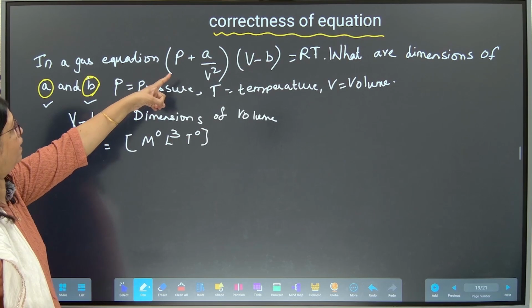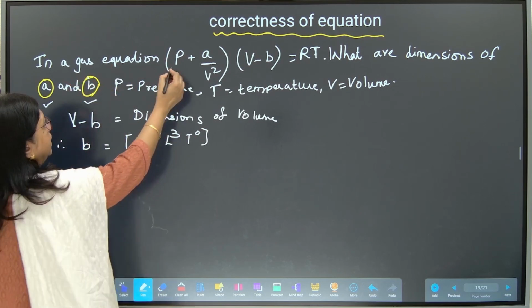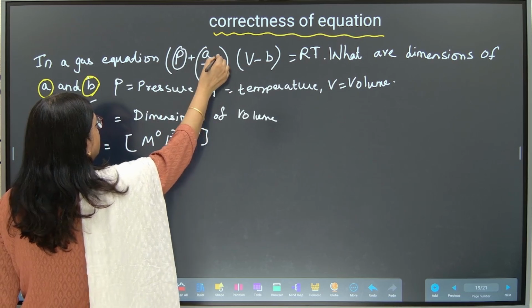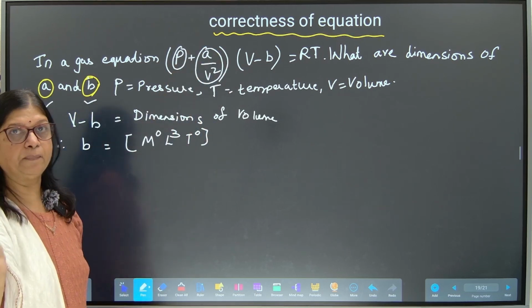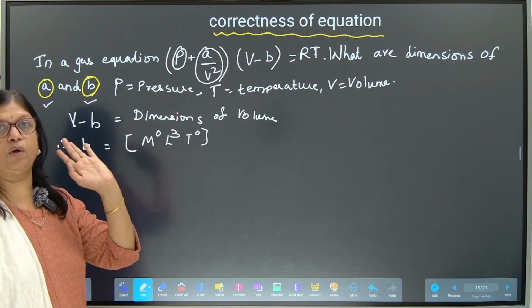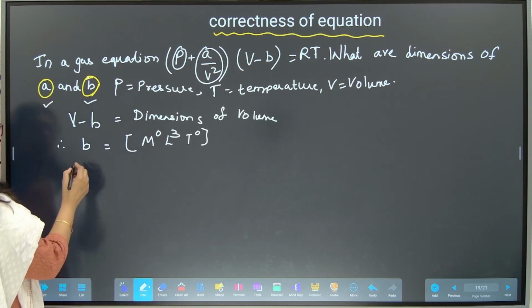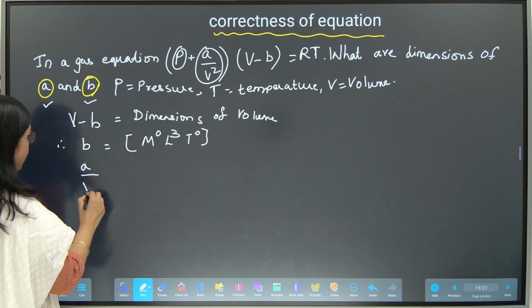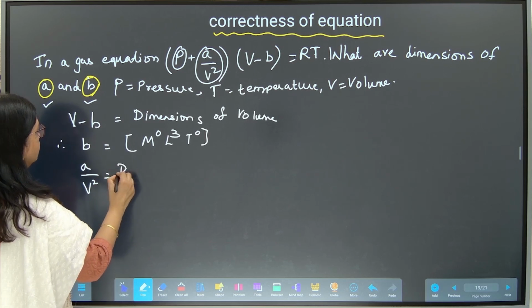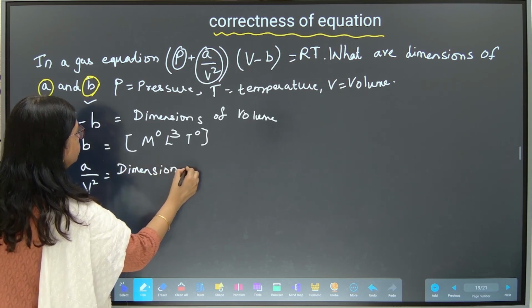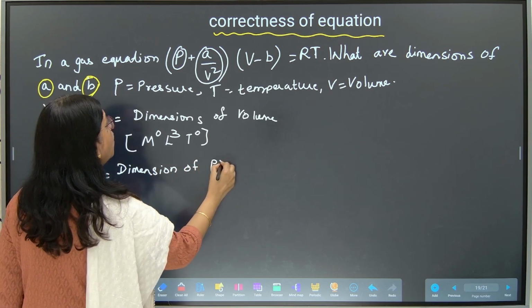Now, let us try the dimension of A. If P is the pressure, then A upon V square also should be pressure, because we can add only the same physical quantities according to the principle of homogeneity. So A upon V square should have the dimension of pressure only.